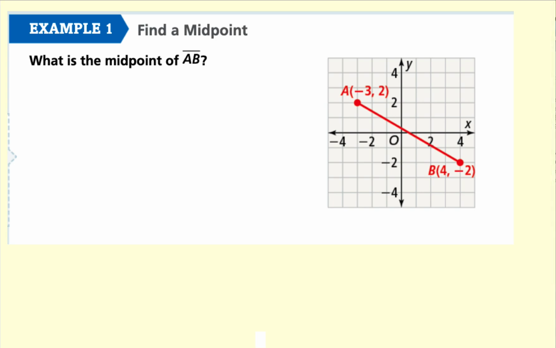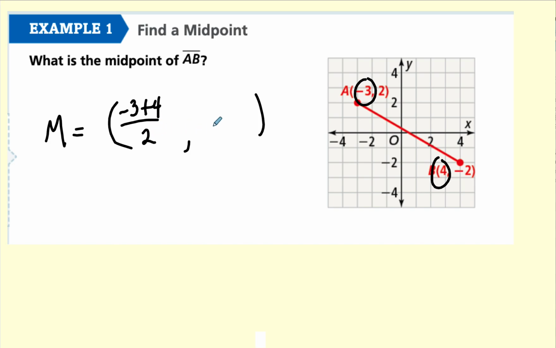Let's take a look at this particular example. I would like to find the midpoint, the very middle between A and B. And so what I do is I write M for midpoint, and I'm going to find a point. I'm going to have an X answer and a Y answer. The X answer will be using the X's of the 2 points, so it'll be -3 plus 4, and I'm going to average them.